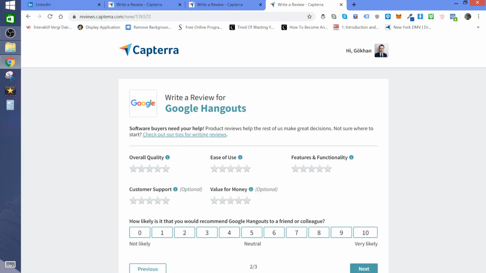And it asks for your assessment of overall quality. Not bad. Ease of use, it's very easy. Features and functionality, it's very good. And it asks about customer support and value for money. But as you know, Google Hangouts is free, and generally you don't need customer support. If you need it, you can also make an assessment for that.